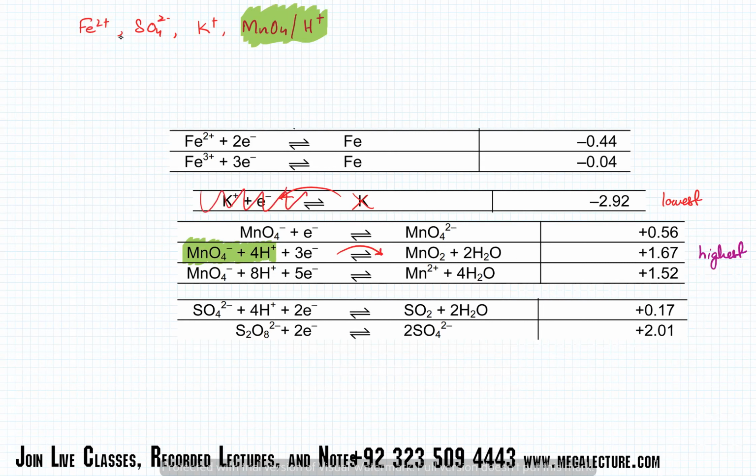So I'm just going to get rid of this. Let's ignore this. What's the next lowest? The next lowest is -0.44. Again, I can't use that because it's Fe that's going to lose electrons, and I don't have Fe. Leaving that, who's the next lowest? That's -0.04.